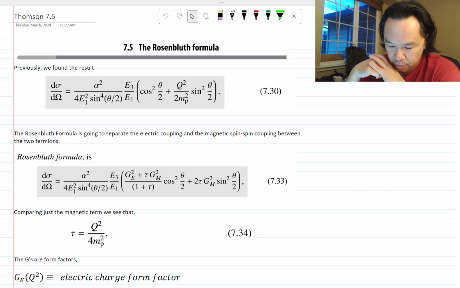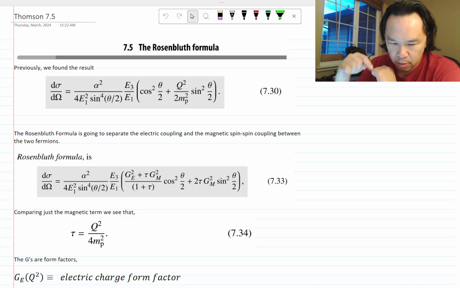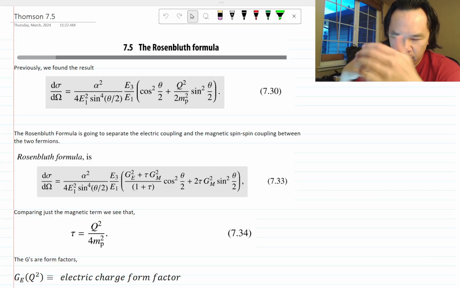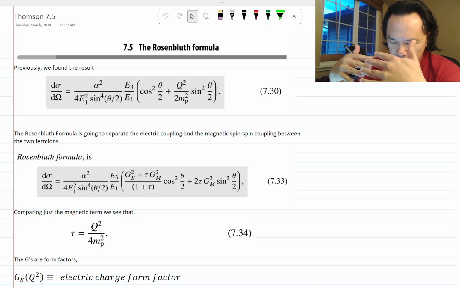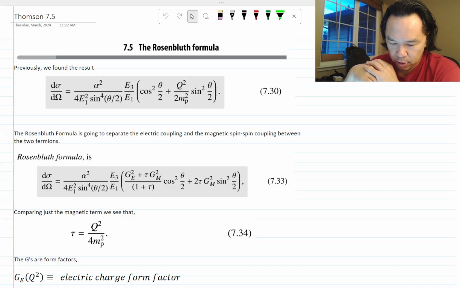And in fact, what we're going to see today in the Rosenbluth formula is actually related to a current experimental development, not concerning the protons and neutrons, but concerning muons, which also have this thing called the anomalous magnetic moment. People have been debating whether the measurement people are making is real or not, because the theory and the measurements actually disagree with each other, and we'll see how that gets resolved.